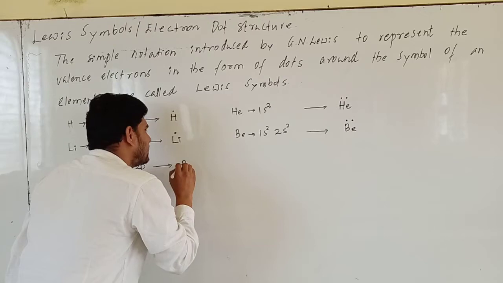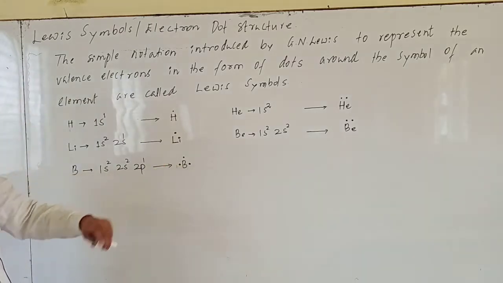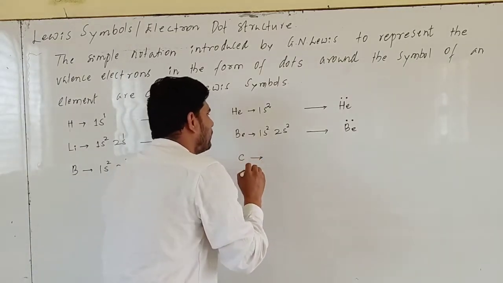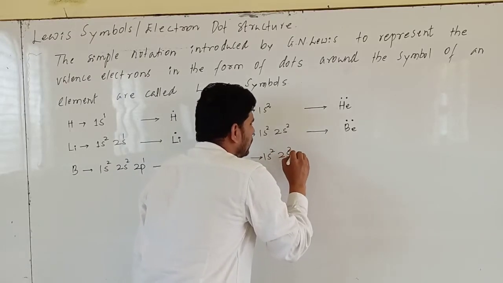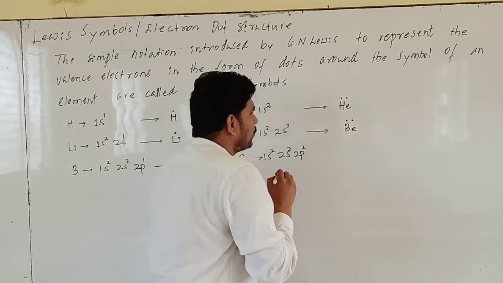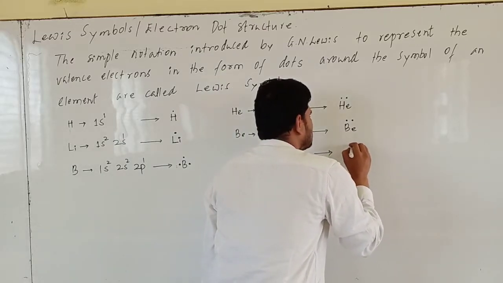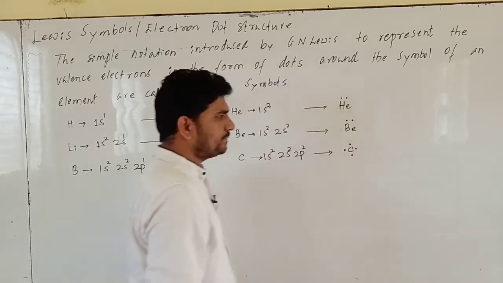You need to represent those three valence electrons around the symbol of boron like this. If you take carbon with atomic number 6, the configuration is 1s2, 2s2, 2p2. Carbon has four valence electrons, and you need to represent them like this.